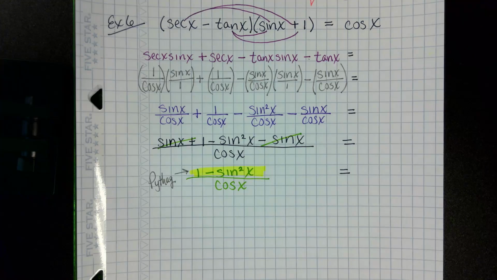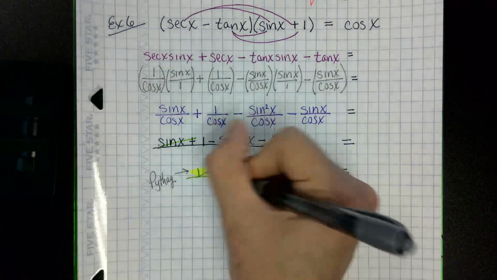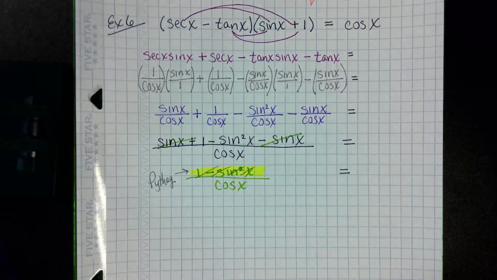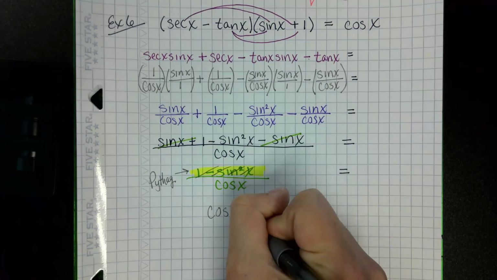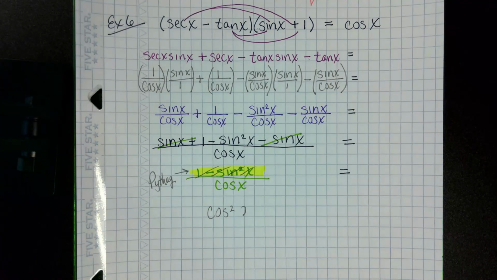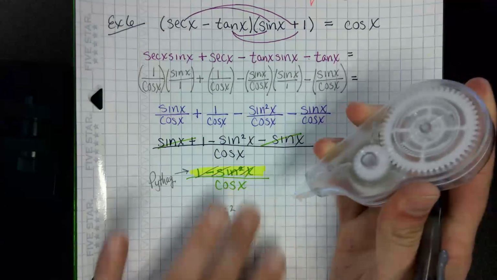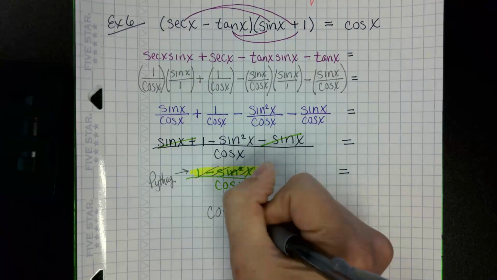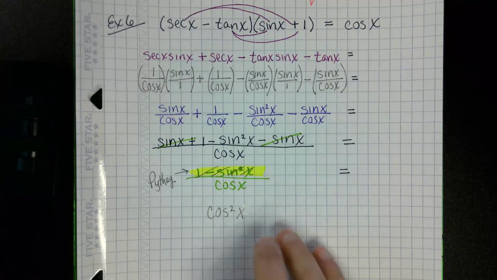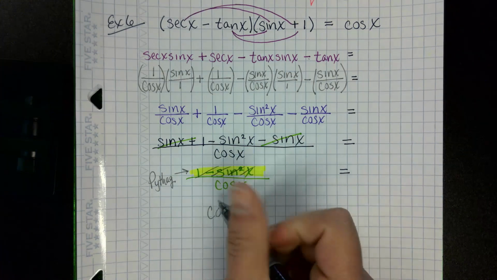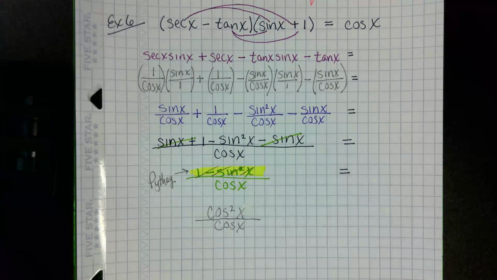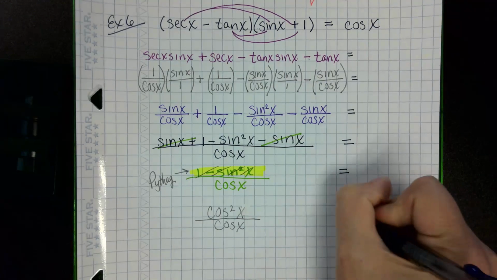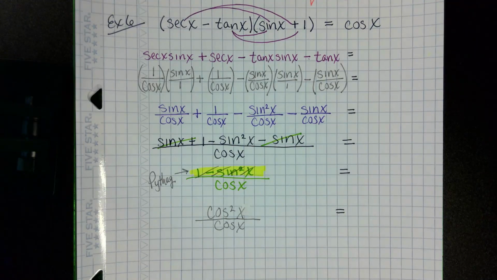So if we're using the Pythagorean identity, we can bring out this and we can put in cosine squared. Oop, I almost wrote theta. It's an x. Cosine squared x. And the denominator is a cosine x.